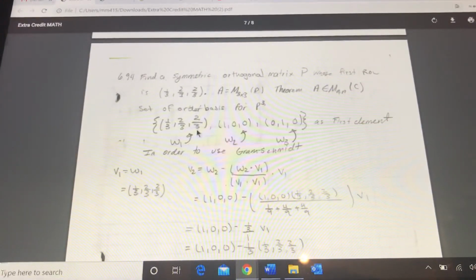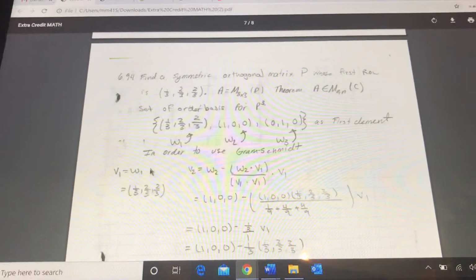And then here, find the symmetric orthogonal matrix P for the first row. I decided to follow the theorem of this right here. So we need to find our orthogonal basis for P3, which is the set. We find our W1, W2, that's what I just decided to label it. It's our determinants here.